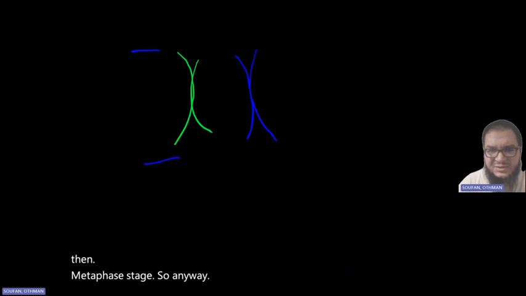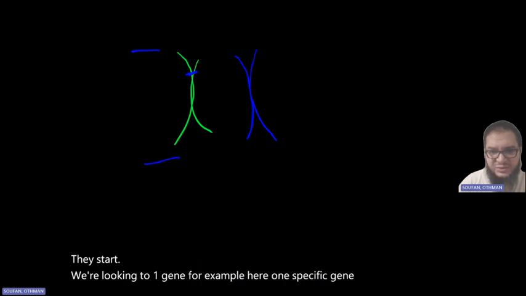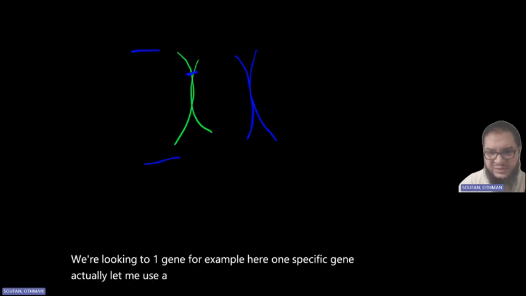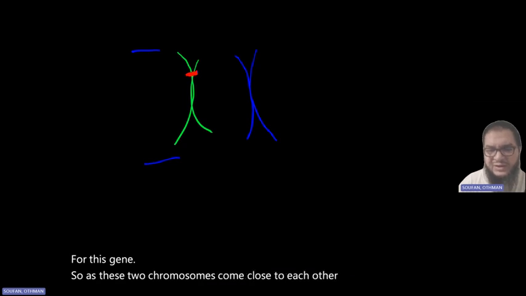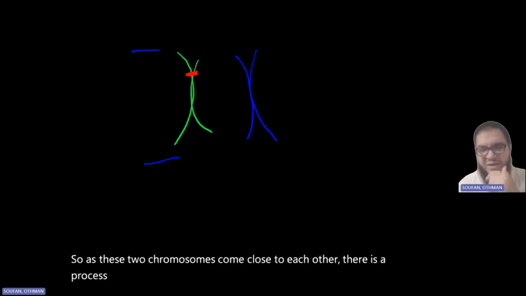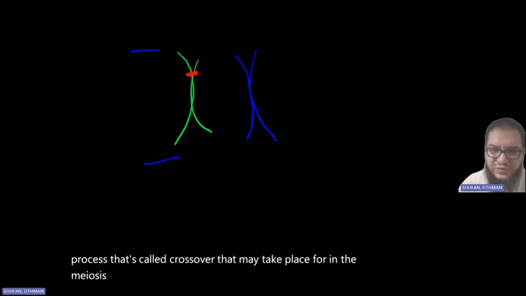Anyway, we're looking at one specific gene here, for example. Actually, let me use a different color for this gene. As these two chromosomes come close to each other, there is a process called crossover that may take place in meiosis to eventually achieve certain variations.